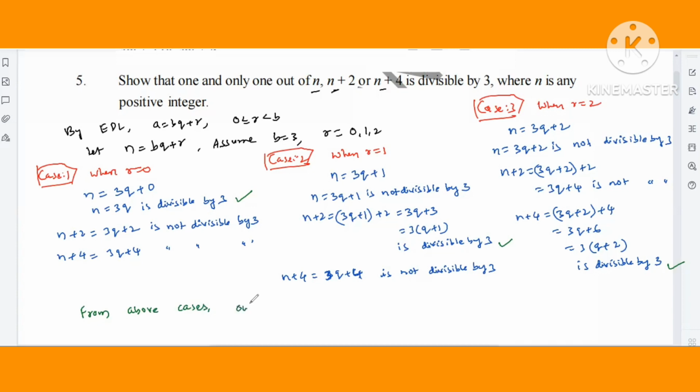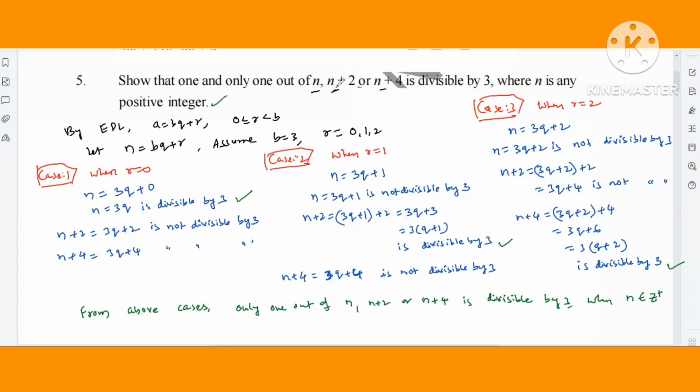Only one out of n, n plus 2 or n plus 4 is divisible by 3, when n belongs to the positive integers. That's all. So this is the first exercise.